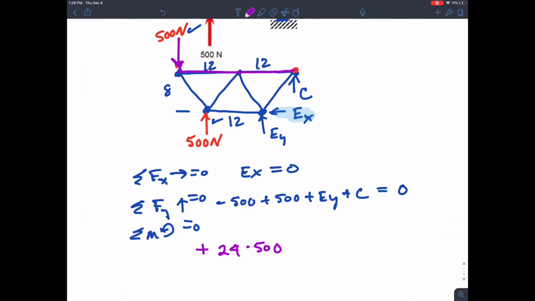Okay, next we want to look at the lower 500 Newton force. All right, and so remember, forces can act along a line of action, so we extend this up. It's as if this were applied right here, and I look in the perpendicular direction. So let me use a different color for that.